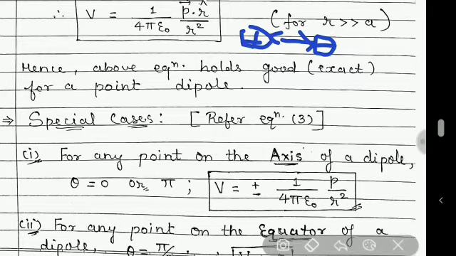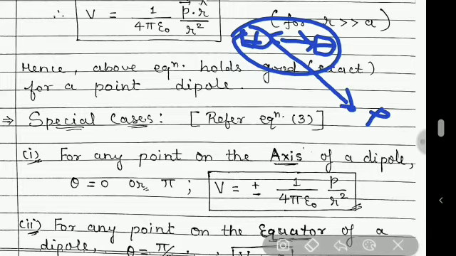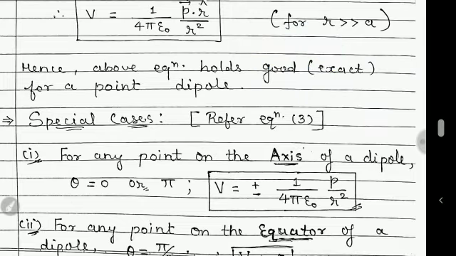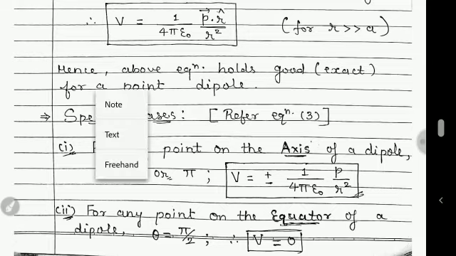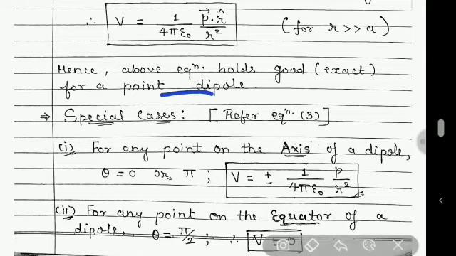They are so close that it seems to be a point. And if we take any point other than the dipole, then that distance r from the center of this point dipole will be very large, and so this equation holds very well for a point dipole.